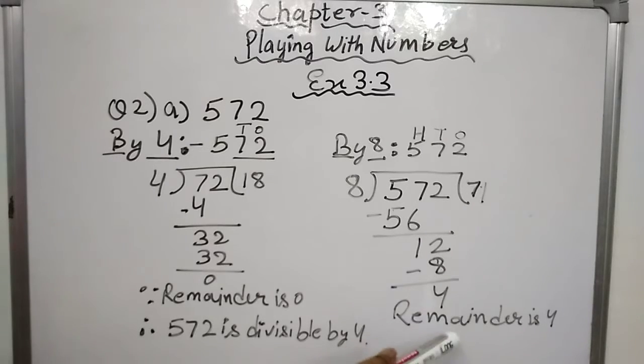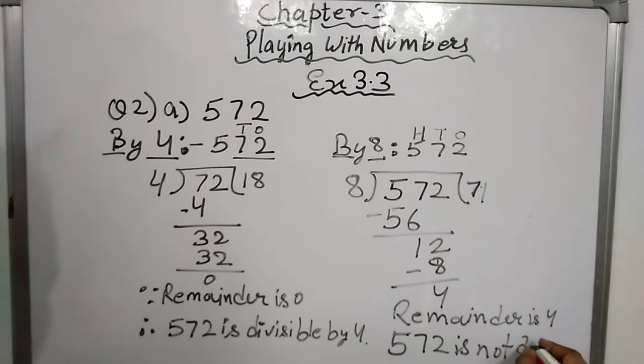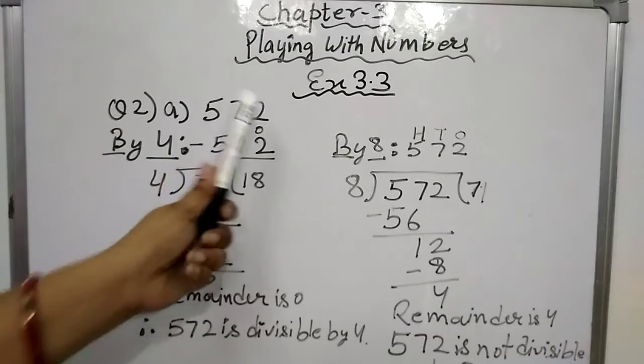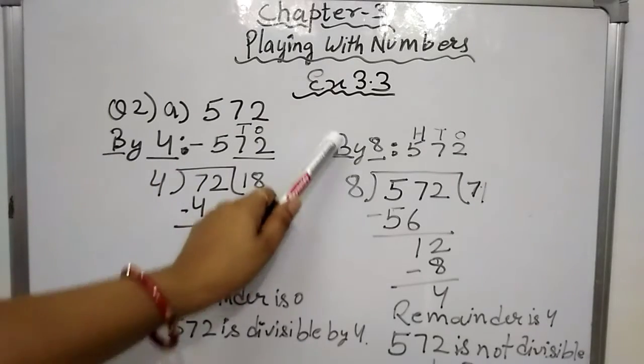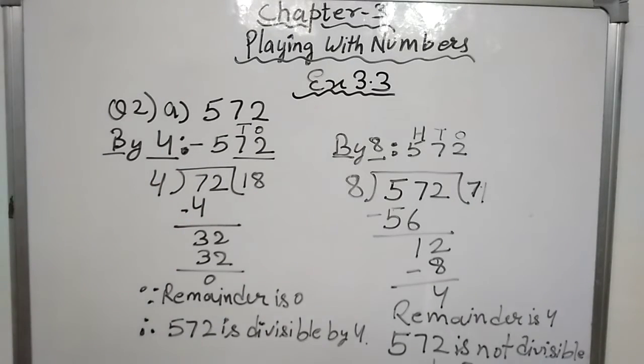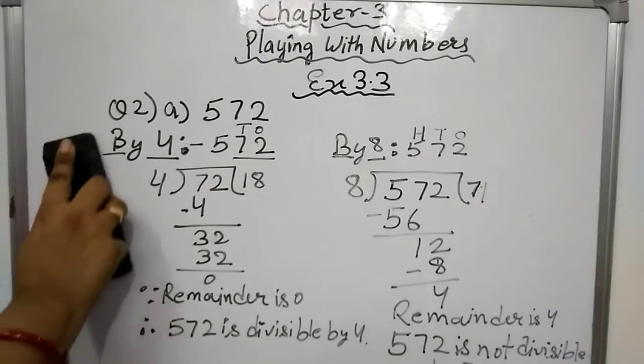So here remainder is 4. So this 572 is not divisible by 8. So this number 572 is divisible by 4 but not by number 8. Let's take another number.